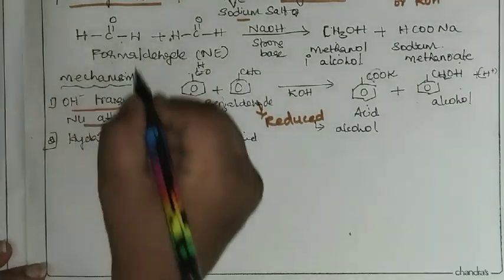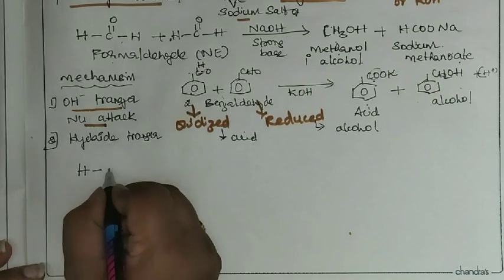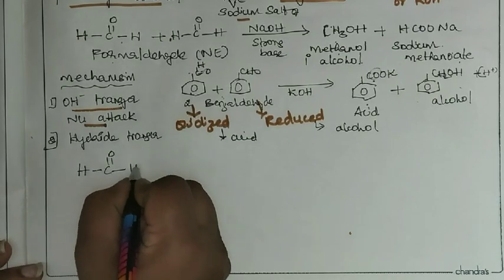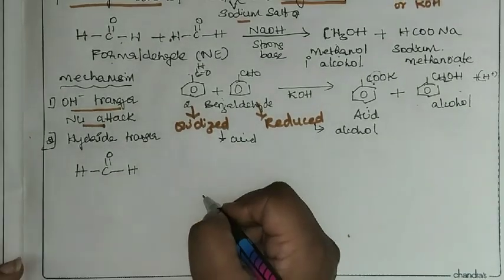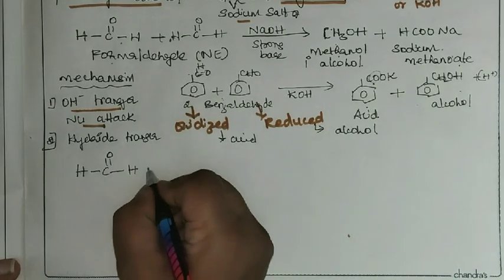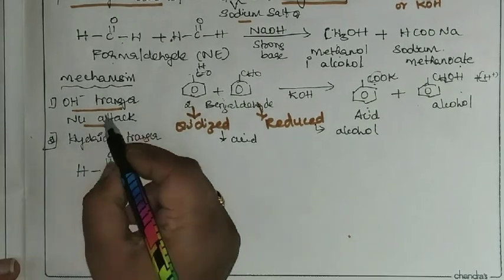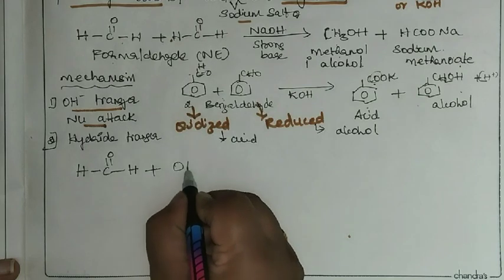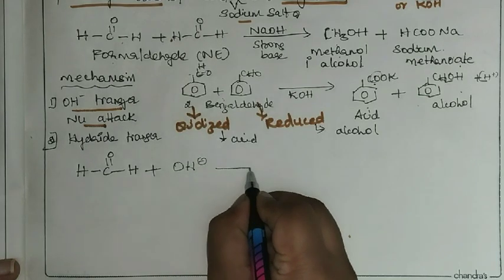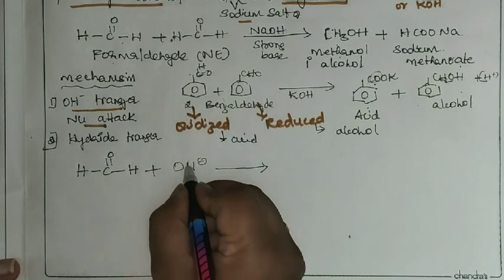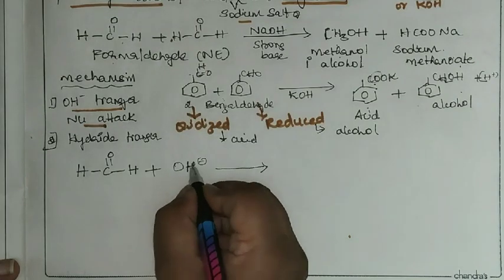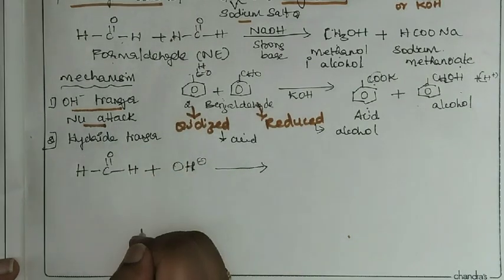Let's take the example of formaldehyde, and you can even try with the benzaldehyde example. This is a non-enolizable aldehyde. What is the first step? Hydroxide ion transfer. The hydroxide ion is a nucleophile, so it is also called nucleophilic attack.